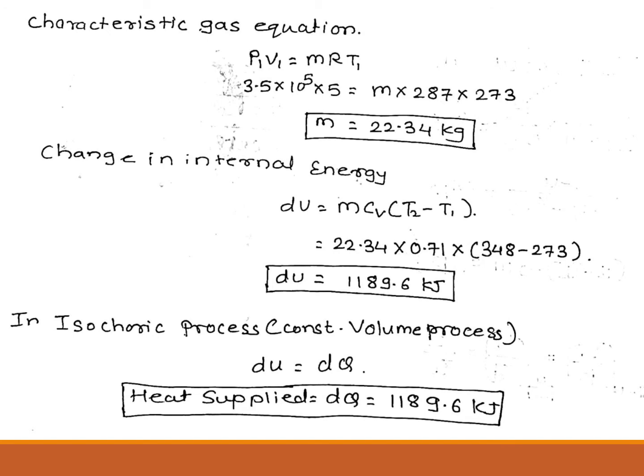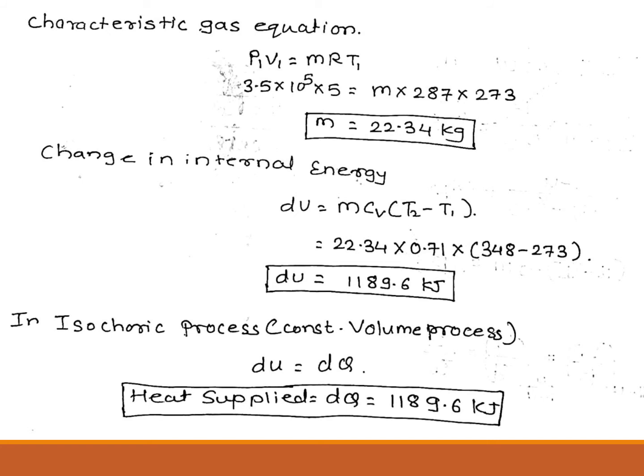So change in internal energy is equal to m Cv (T2 minus T1). m is equal to 22.34 kg, Cv is equal to 0.71 kilojoule per kg Kelvin, T2 is 348 Kelvin and T1 is 273 Kelvin.